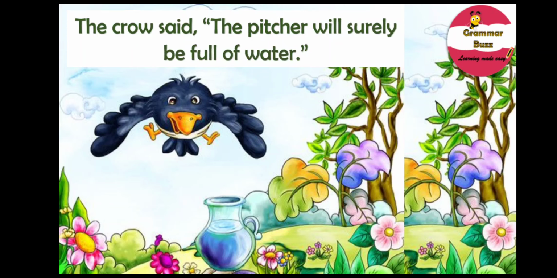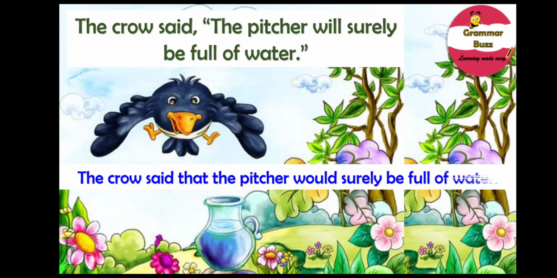Let us now discuss our answers together. I bet you have done it correctly. And here it comes. The crow said that the pitcher would surely be full of water. Hey, good job. So now let's find out what happens next in the story.